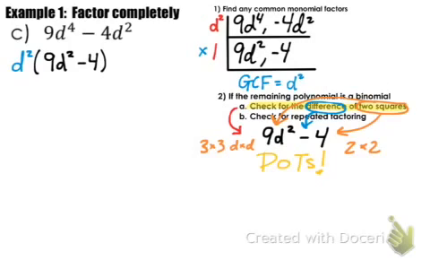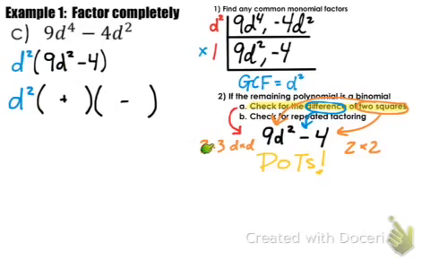So when you factor a difference of two squares, going back to the left here, we're going to rewrite our d squared on the bottom, and when we factor this binomial, we're going to make it into a product of two binomials, where one's going to be a plus and one's going to be a minus. How do we figure out what goes in each blank spot? We look at the first term, 9d squared.